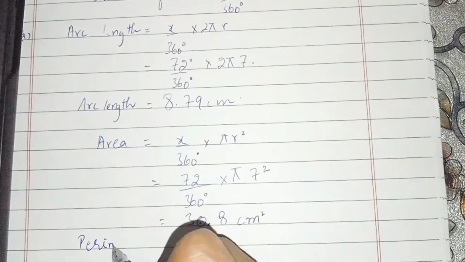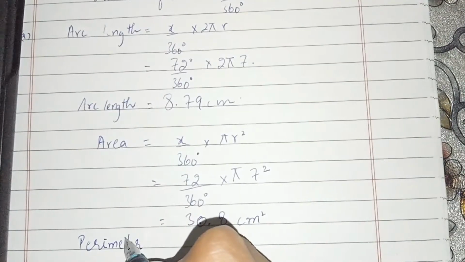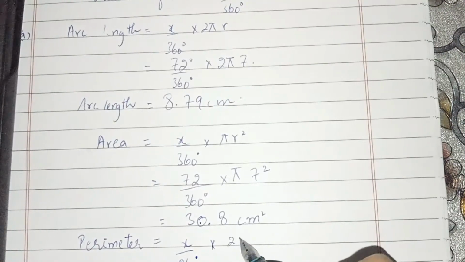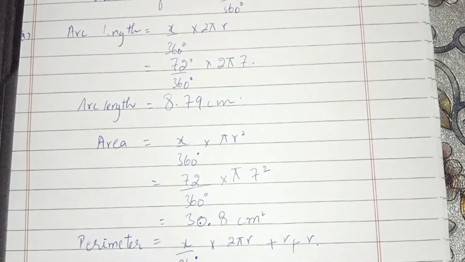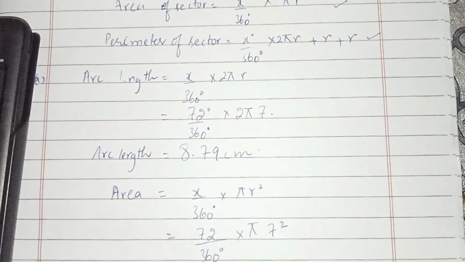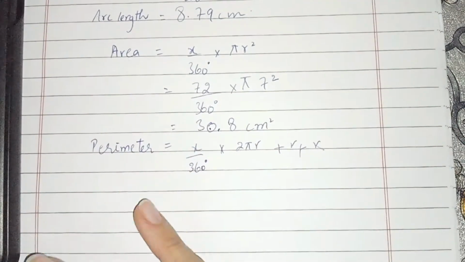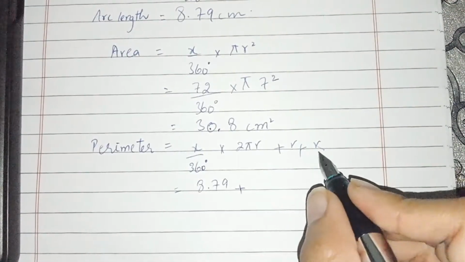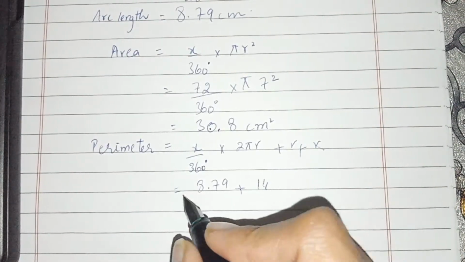Now we have to find the perimeter. Perimeter formula is 2 pi r plus r plus r. That is the formula of arc length. We have to solve it there and we get the answer 8.79. You can write it directly 8.79, and 7 plus 7 we get 14.